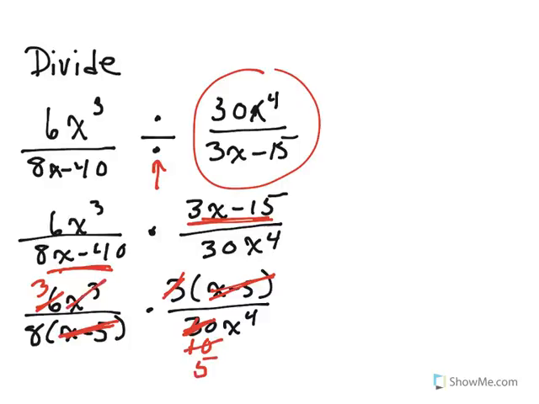And this x to the third reduces out the first 3 of these x's, leaving x to the first power. What we have left in our numerator is 3 times 1, which is 3, and our denominator 8 times 5 times x, which is 40x.